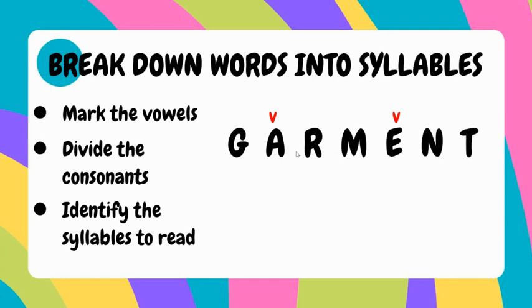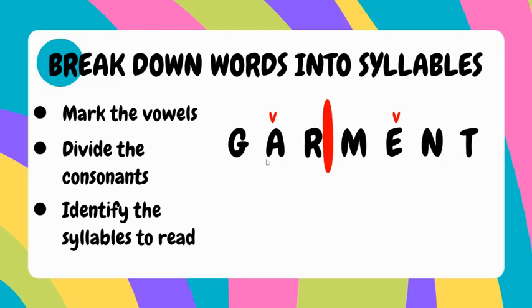But is there a consonant plus LE situation? Are there any vowel teams? No. Is there a magic E situation? No. Is there a controlled R situation? Ooh, we have a vowel and an R. So our scholars most likely would divide the R and the M to give each vowel their own consonants.